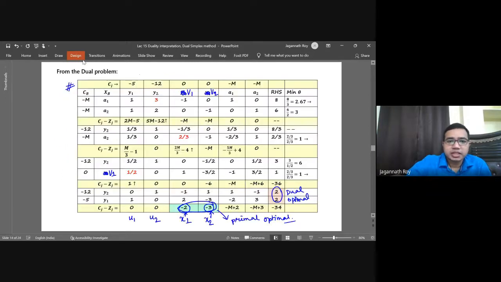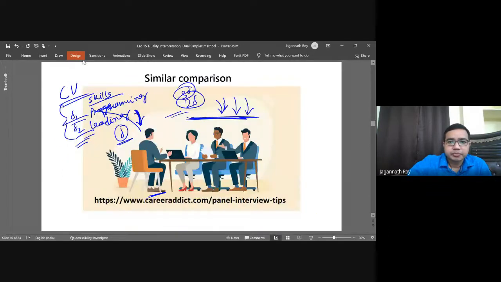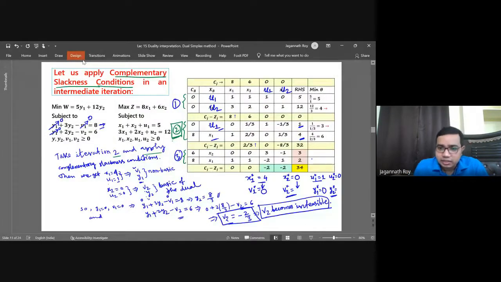If you go back and check this particular example, here in the third iteration, we can see that both of them are actually at optimal. Not only optimal, they are just feasible, so the algorithm terminates as soon as they become feasible.